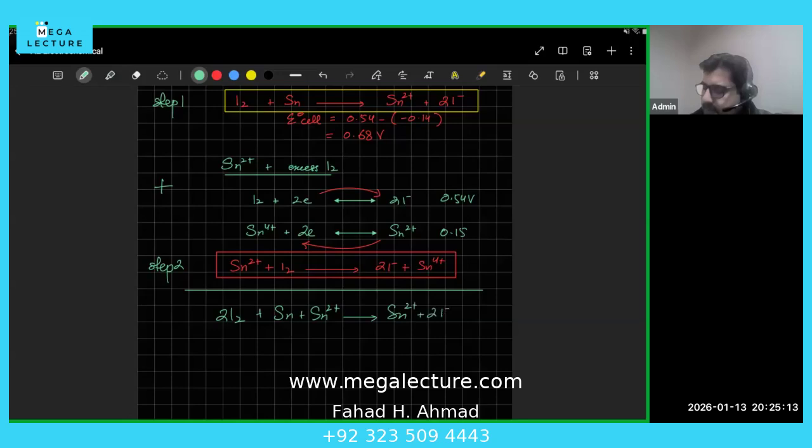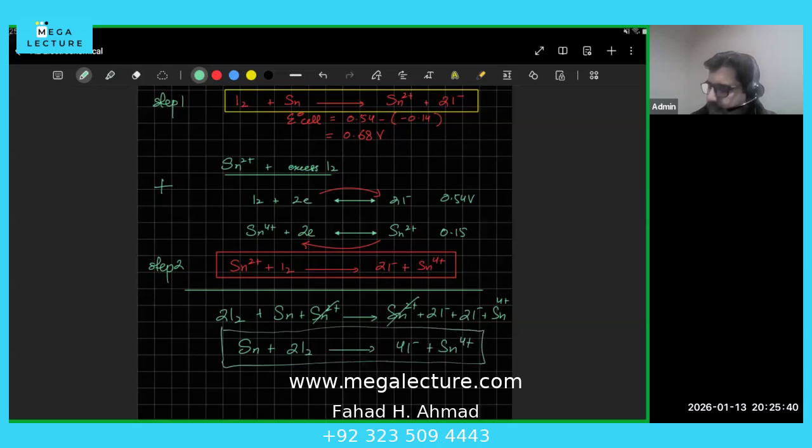And in the lower one, it's again 2I minus plus Sn4 plus. Now the same things will get cancelled out. So basically it's Sn plus two iodines, and the product is 4I minus and Sn4 plus. So that is my overall reaction.